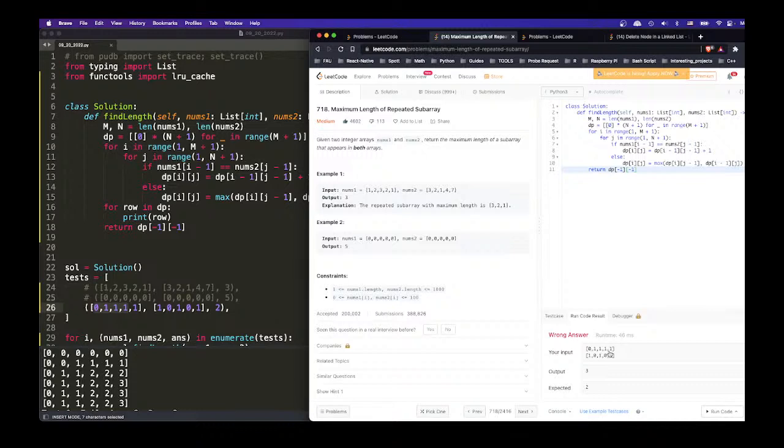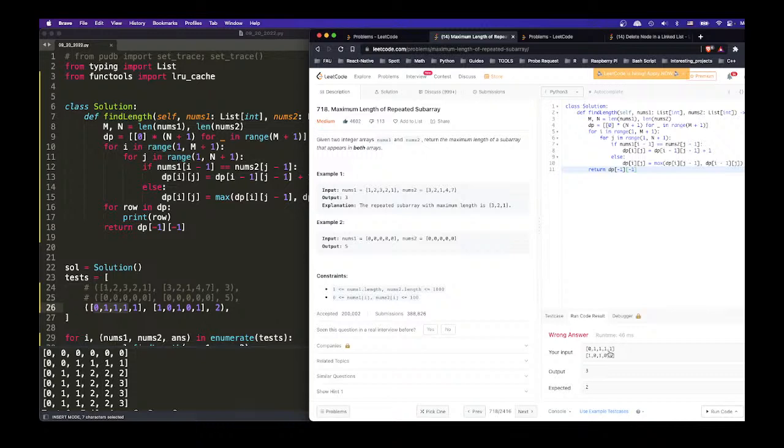Subarray. If they're not the same, say these two, then up to here it shall be this fit into this. What's the maximum subarray?